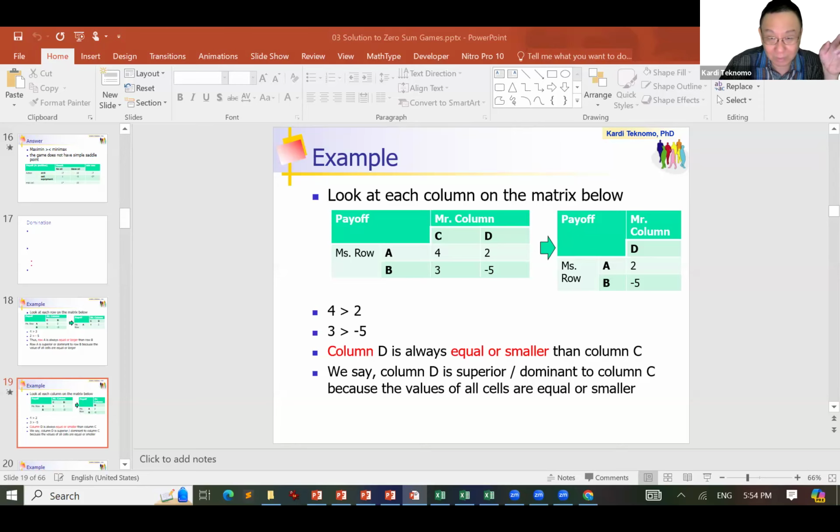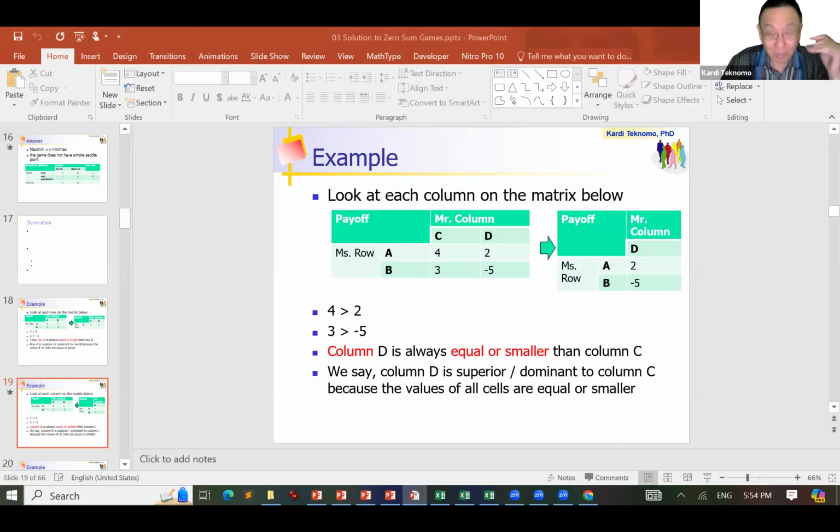So for all rows, column D is superior compared to column C. In that case, you delete column C. Is it clear or not?